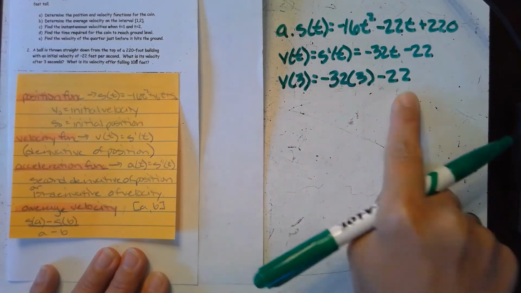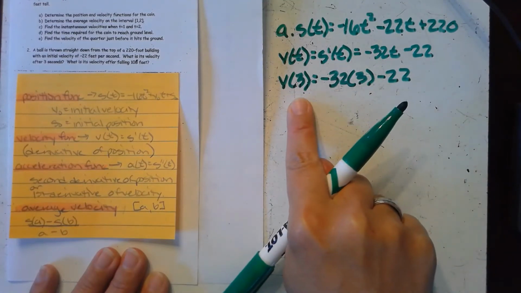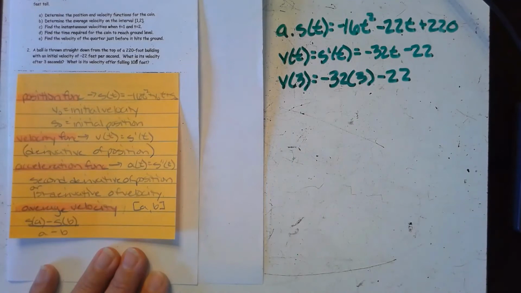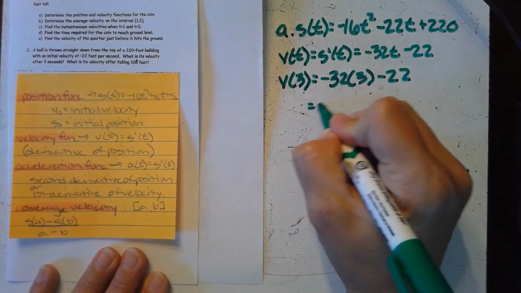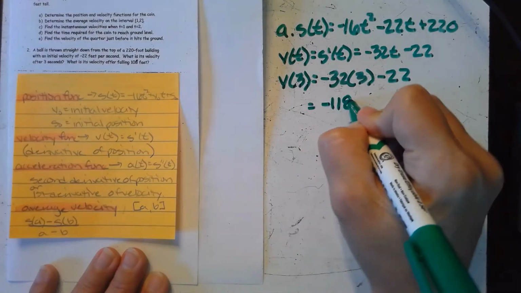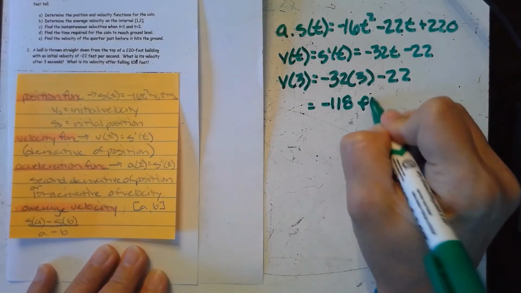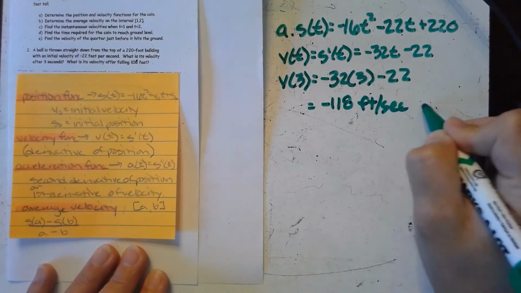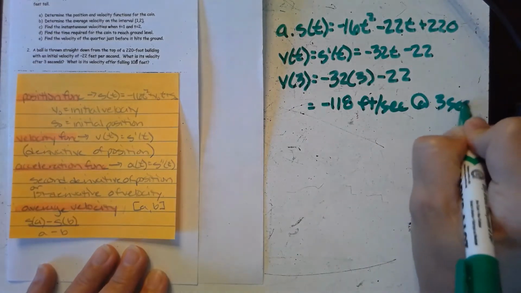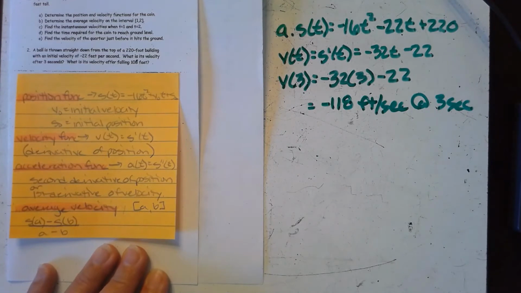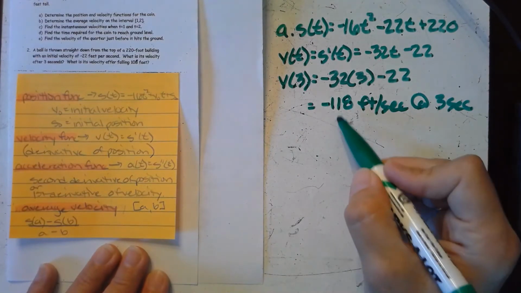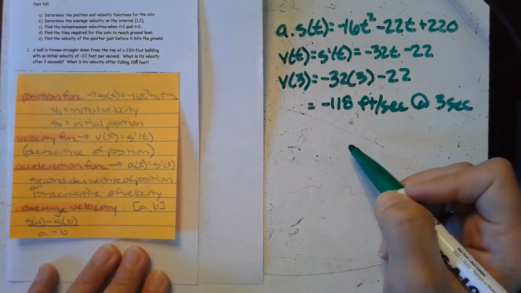Just don't plug this in without saying v of 3. They will dock you later on. So when I do negative 32 times 3 minus 22, I end up with negative 118 feet per second at 3 seconds. So at 3 seconds, the velocity is negative 118 feet per second.